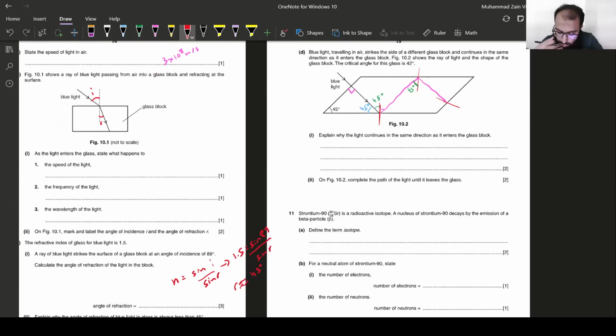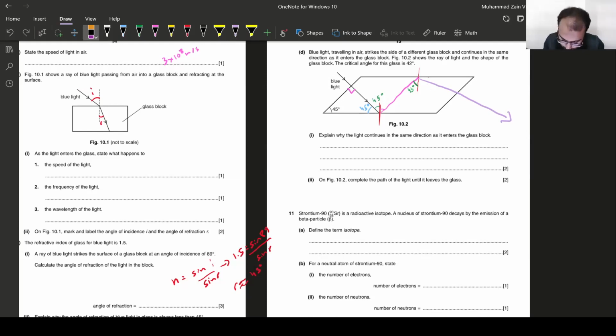So the line would simply pass through by refraction. I'm just drawing it to scale. If you use a protractor, you'll realize that the line goes directly like this, simply straight on. So this is how it becomes.